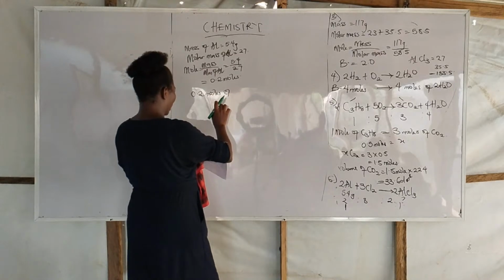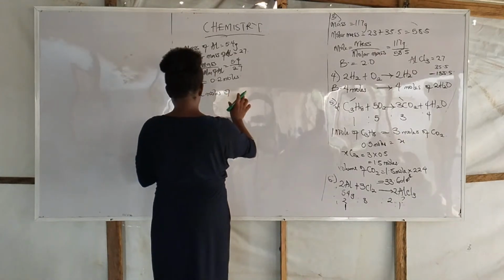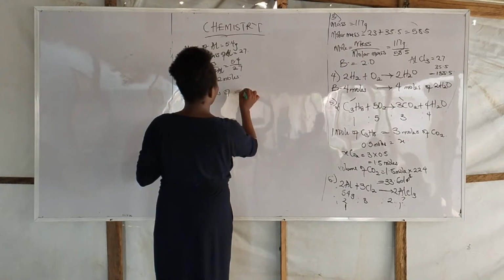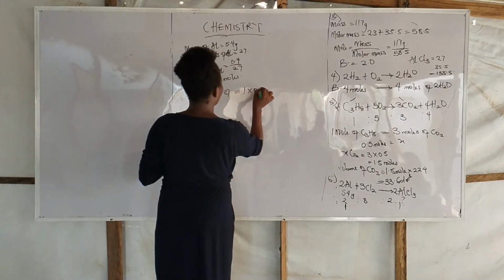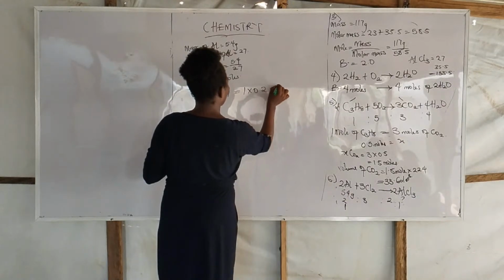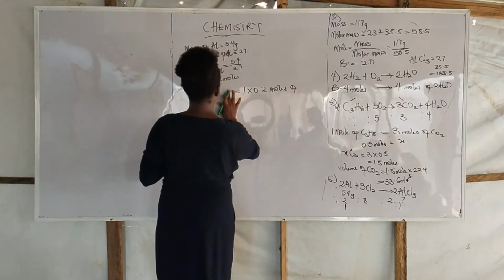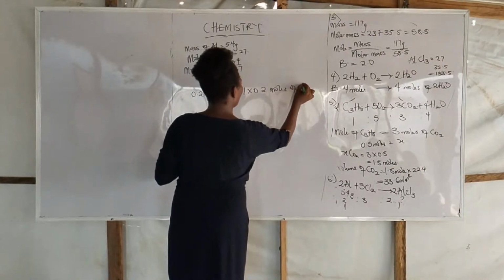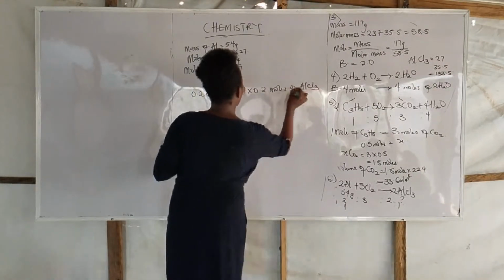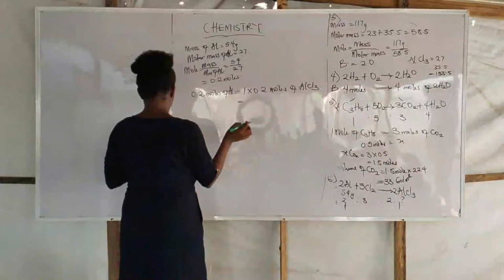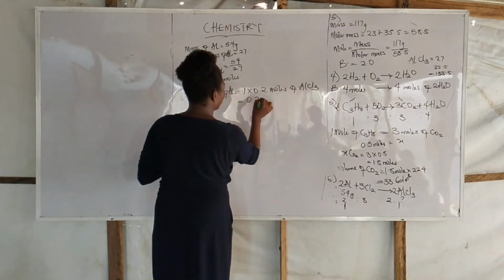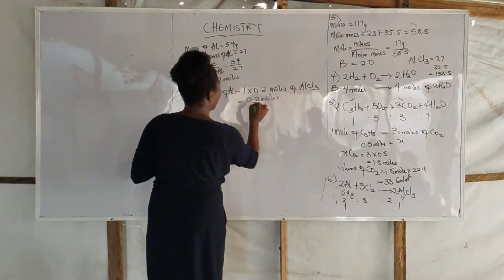So what are we saying here? We said we have 0.2 moles of this, which is equal to 1 times 0.2 moles of aluminium, which gives 0.2 moles of aluminium chloride. What is that going to give you? That is 0.2 moles. Am I right?